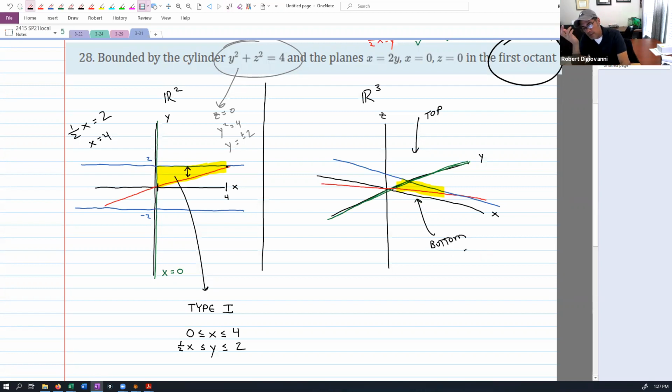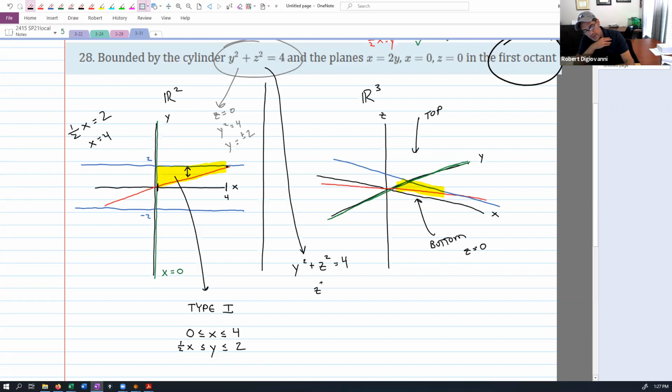So the bottom is Z equals 0, the XY plane. What about the top one though? Isn't that the cylinder? It's the cylinder. But the cylinder right now is written as this equation. In order for us to look at it as a function of X and Y, we need to solve it for Z.